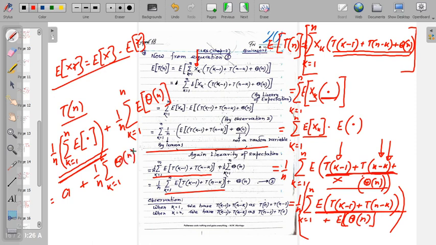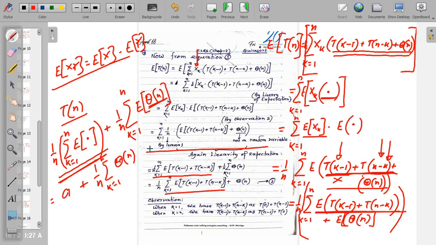As theta n is not a random variable, its expectation is theta n itself, by definition. Now, how many times am I adding that theta n? If I simplify, omitting this summation, it will be n times theta n, divided by n.